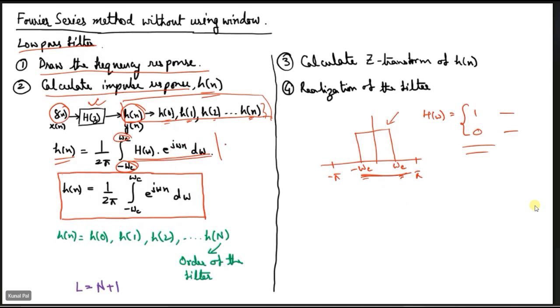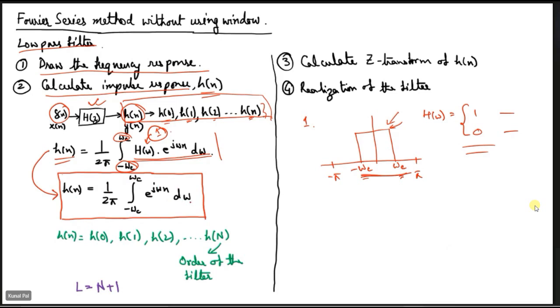However, in most of the cases, we have discussed that we'll be having a unity gain. So this H of omega can be replaced with a value of 1. The modified equation becomes h of n equals 1 by 2 pi integral of minus omega c to omega c, e to the power j omega n d omega.